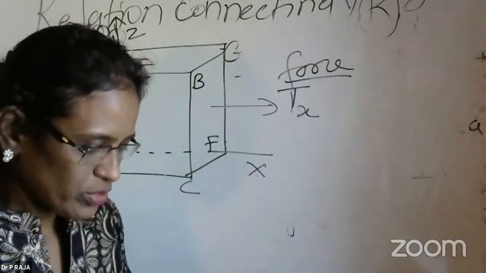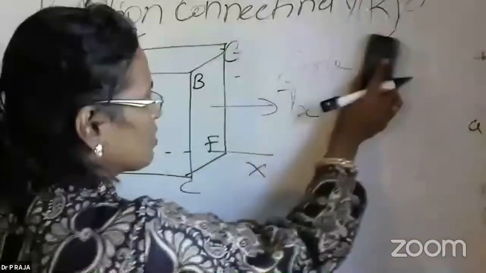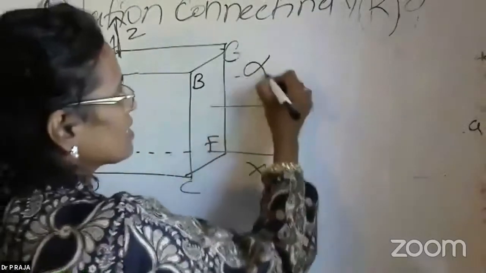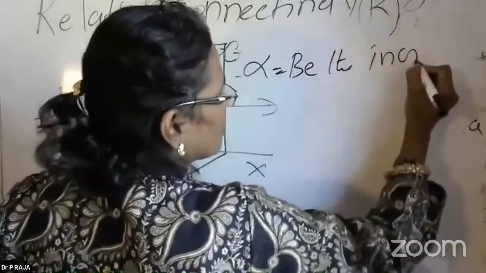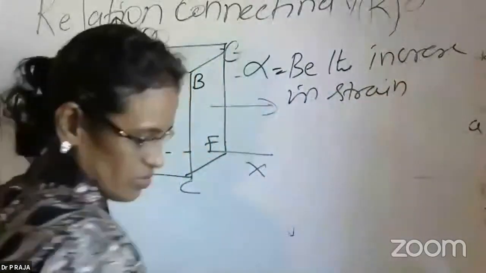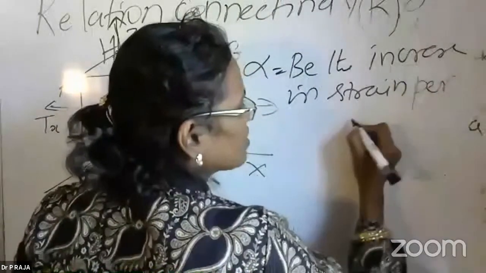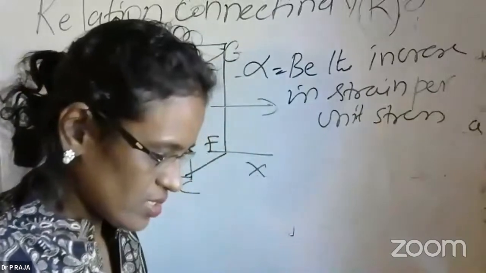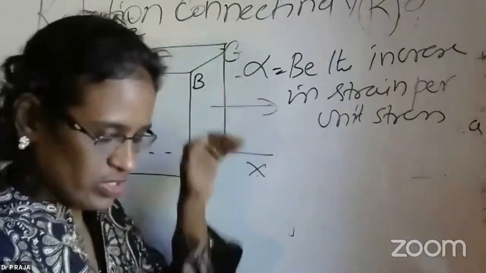I'm going to put it in equation form. Here again, one more time I will explain. Let alpha be the increase in the strain per unit stress along the direction in which the force is being applied.